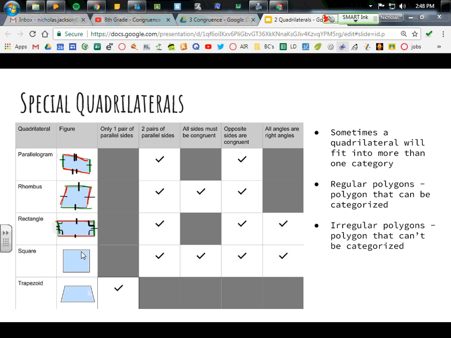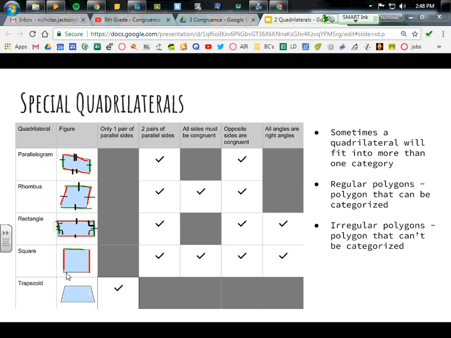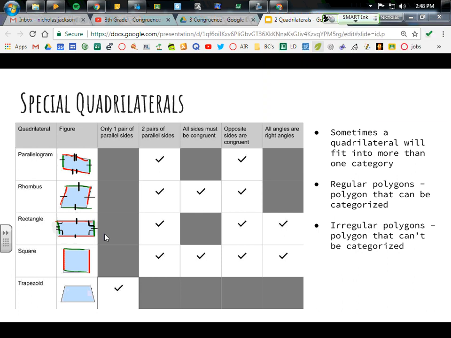A square has to have two pairs of parallel sides, which this one does, here and here. A square also has to have all sides being congruent, meaning all four of its sides measure the same thing.